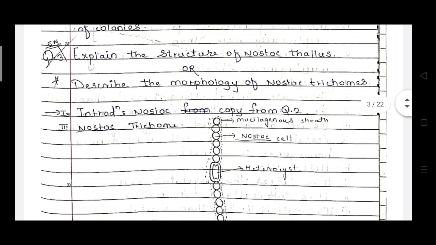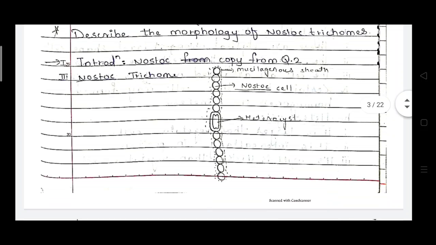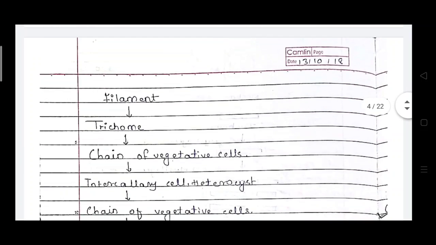Then the next discussion is regarding the structure of the Nostoc thallus. So you have to see the structure of the Nostoc trichome. In that, many vegetative cells are connected to each other, and at the middle there is a heterocyst, a big cell, and the whole trichome is covered by the mucilaginous sheath.